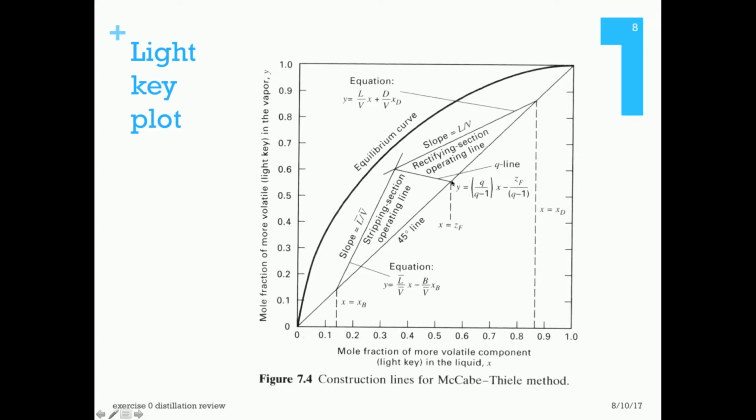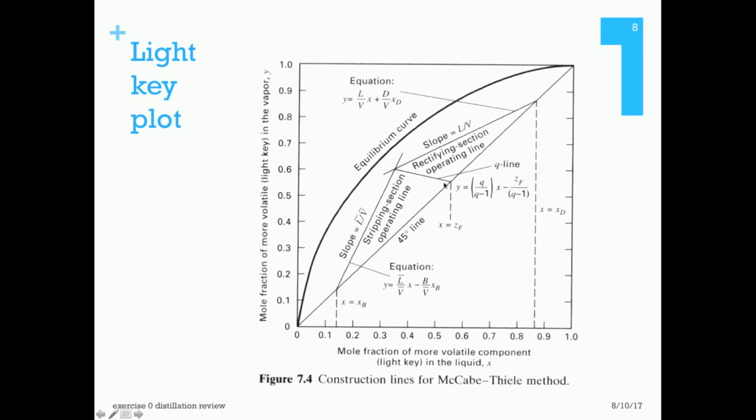If the Q line were vertical, we would be sending in a saturated vapor. This is not quite a saturated vapor. Excuse me, this will be a saturated liquid. Saturated vapor would be a horizontal line. So this feed to the column is partially vapor, but mostly liquid.